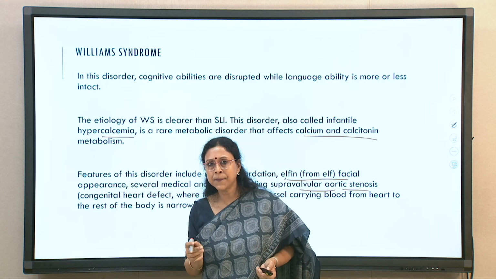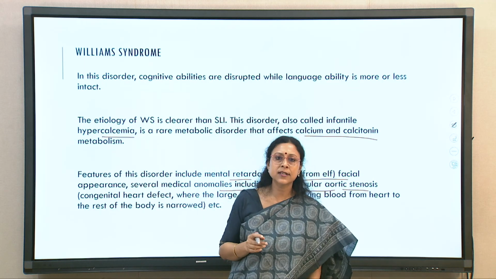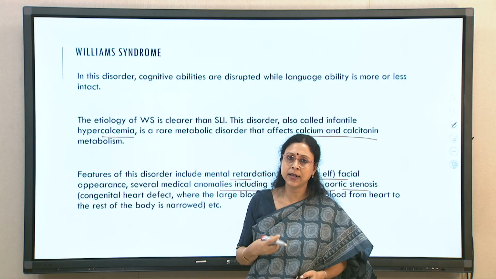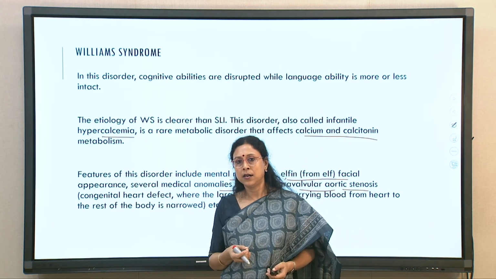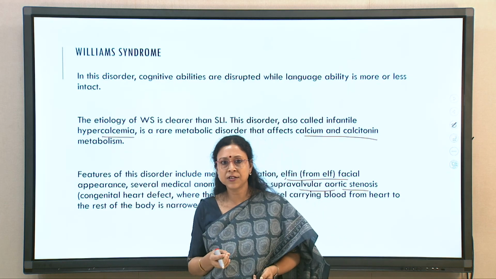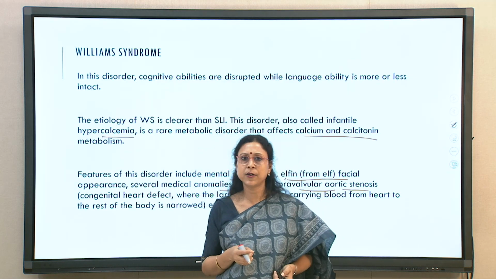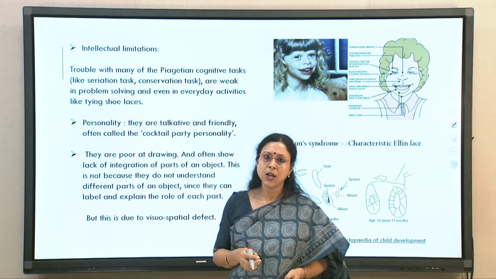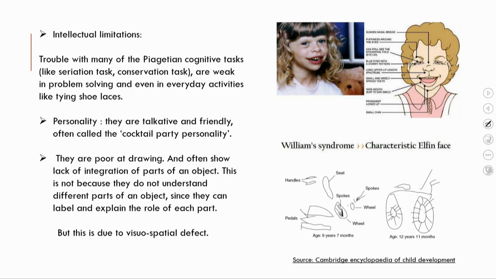So, in the case of Williams syndrome, it is not just a cognitive disorder, but it also has many other physical problems. It is a biomedical condition that affects the body and the cognitive abilities at the same time. So, there are serious intellectual limitations.